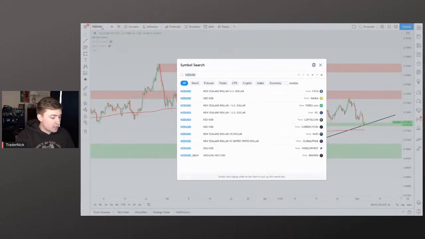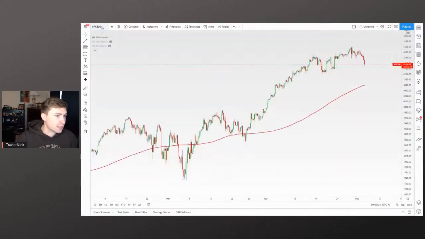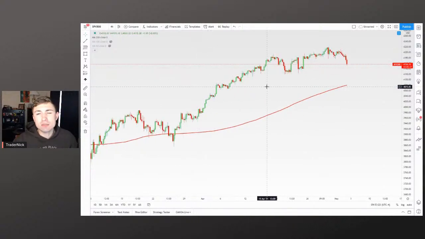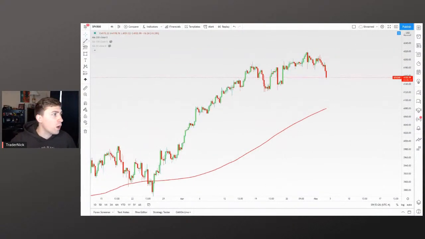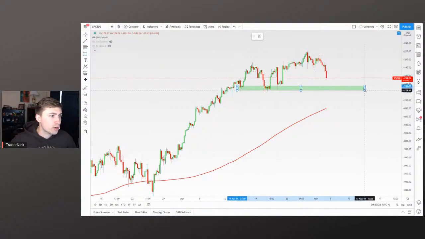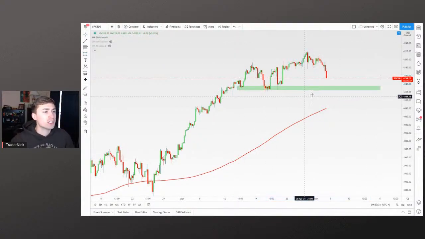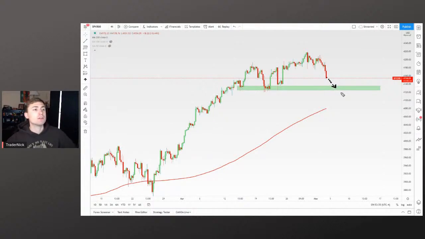I do want to take a look just at the stock market for a second. The S&P 500. Yeah, that's what's causing all this volatility. We've seen a little bit of a dip on the stock market today. Watch, my indices traders, people who like this stuff, watching the U.S. stock market. Watch for a move lower down to this point here to see if there's any interest, should we get down to that point, for buyers to step in.